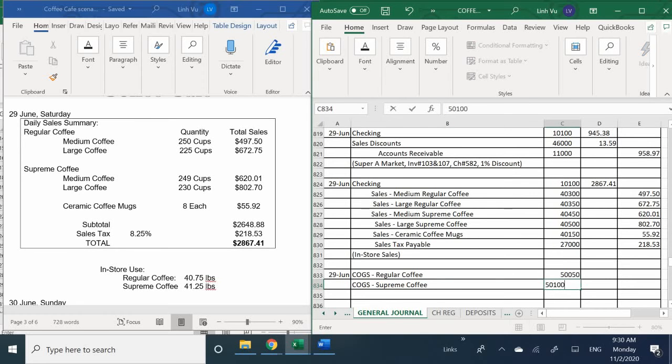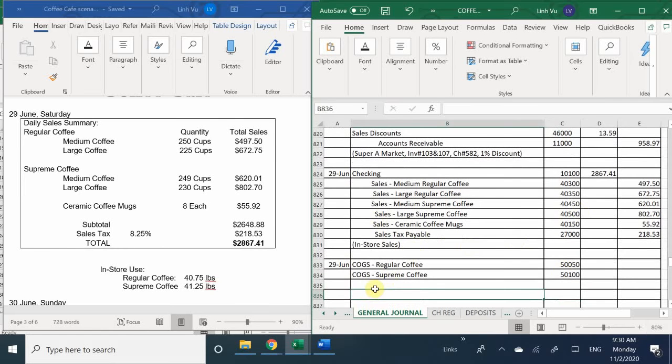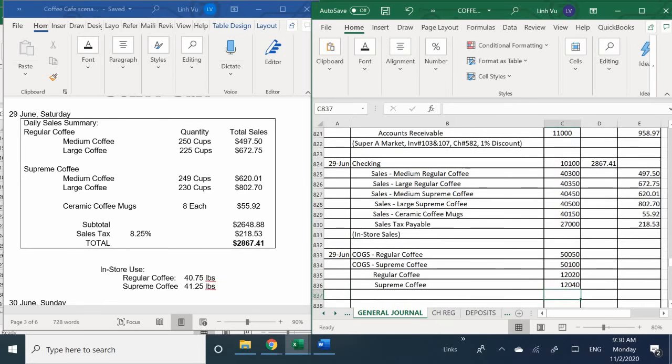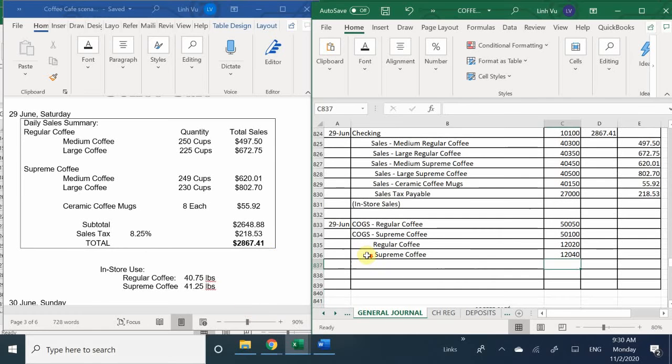Credit regular coffee, 120/20. Credit supreme coffee, 120/40. And then at the bottom, we can go ahead and put in-store use. Perfect. We reached the end of our journal.